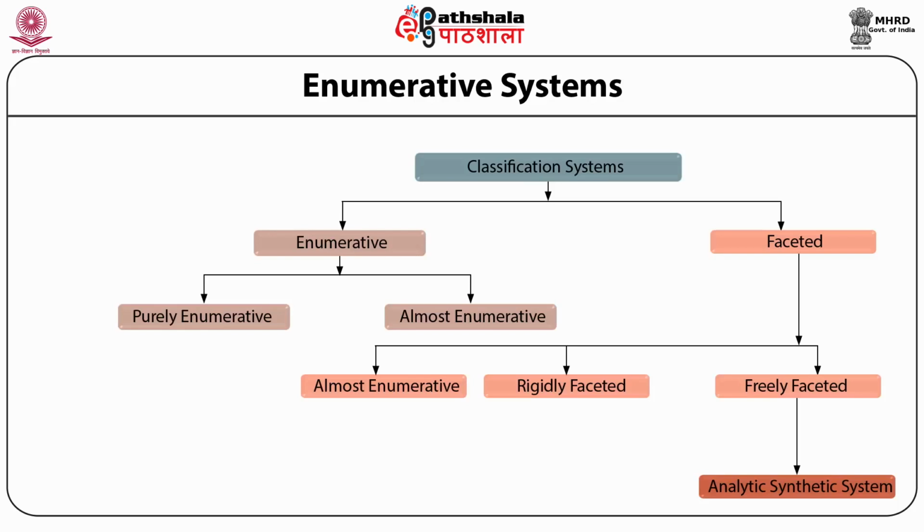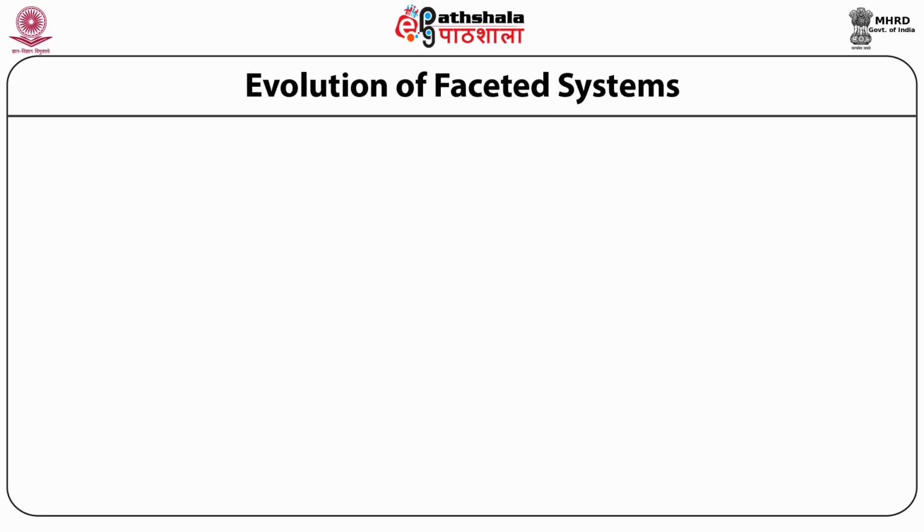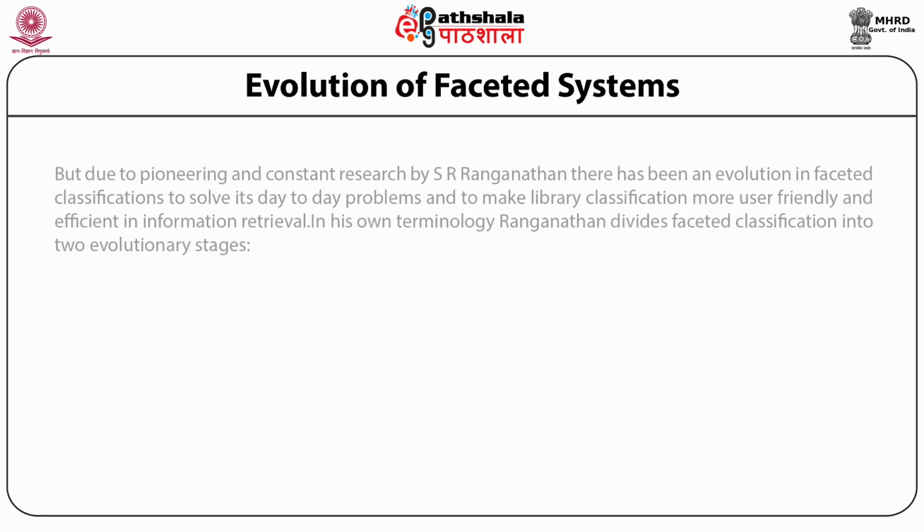It was an experiment in which he tried to swim against the current of the times, but he failed, and this classification has never been used, and it is simply gathering dust on the library shelves. So rather we can say it was some sort of oddity in the evolution of library classification systems.